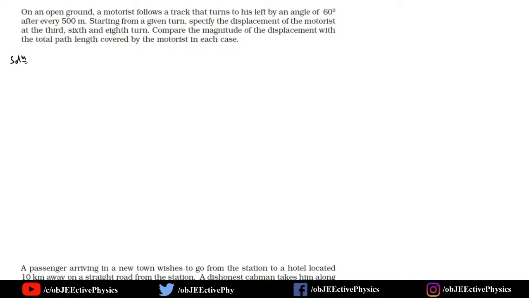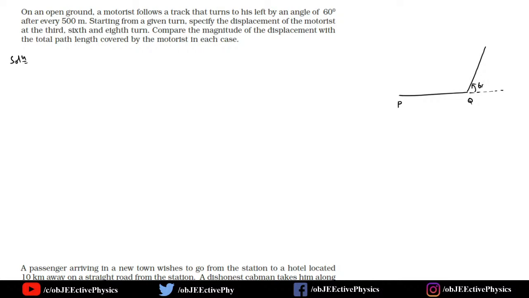So here, after every 500 meters, the motorcyclist turns. So I can draw the diagram here. First, let us take PQ. PQ is 500 meters. After every 500 meters, he takes a turn of 60 degrees.